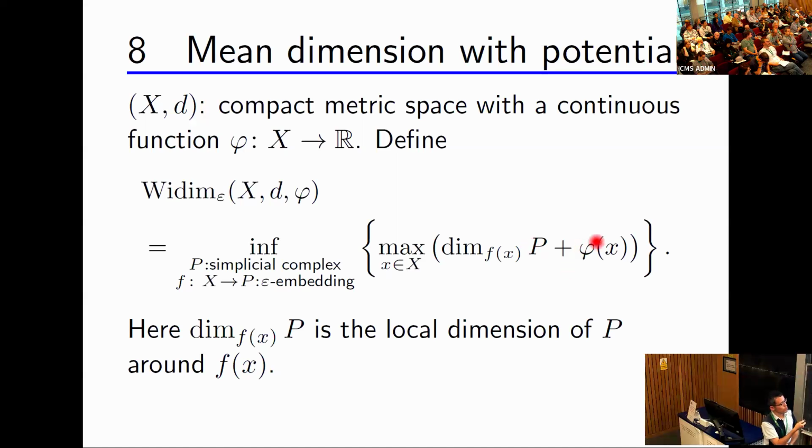And plus the potential term. We take the maximum with respect to the point x, and the infimum over all these P and f. If the potential function phi is 0, this reduces to our previous definition of width dimension.